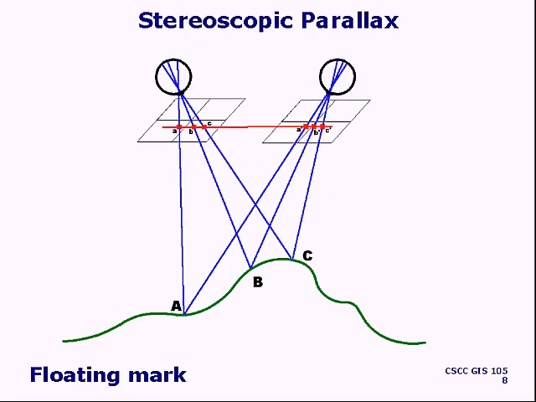Then that red dot would appear as one object. As long as I was focused on C, it would appear as one object, and it would appear as the same distance, the same height as point C.